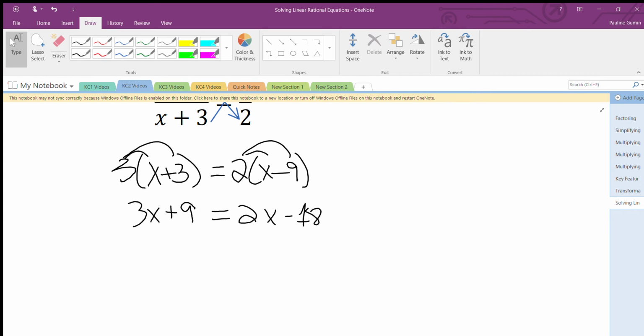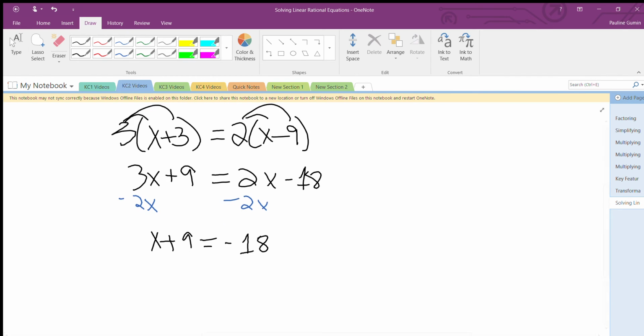Let's solve it. The first thing that I'm going to do here is move my x's to the same side. I'm doing that by subtracting 2x to keep my x's positive. Just a personal preference. Important fact here, be very careful and don't lose that minus sign in front of the 18. It's very easy to lose, but it's there.